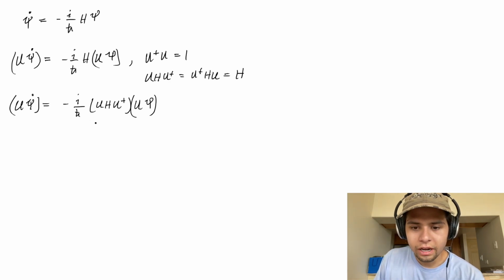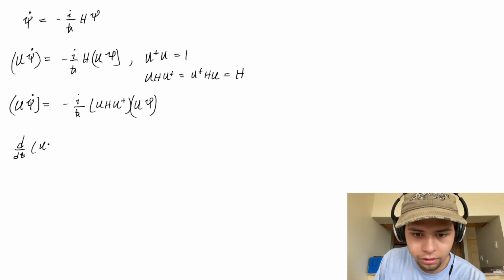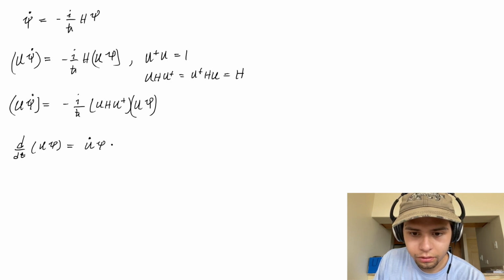Okay, so now what I want to do is divert a little bit here. We know from the chain rule that d/dt, so the time derivative of this here, is equal to the time derivative of U times psi plus the U times the time derivative of psi.